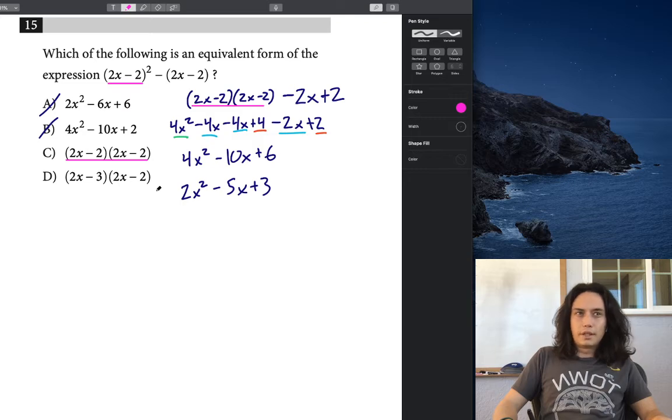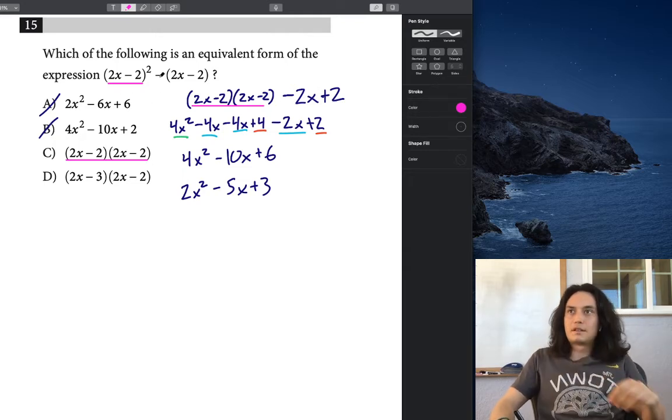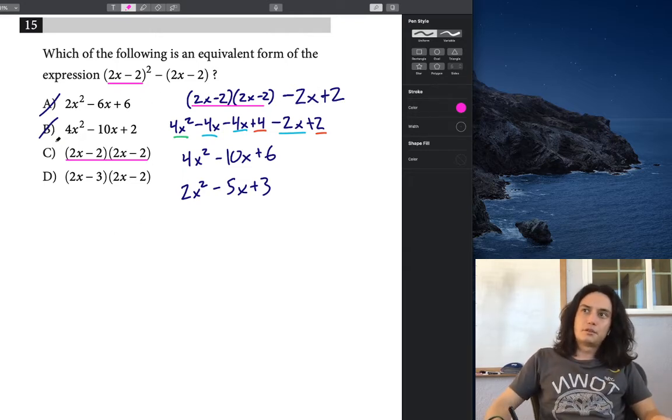So there's just no way that this is the same thing as this thing minus some whole other thing, minus 2x plus 2. That adds a whole another element that makes it not the same. There's no situation where minus 2x plus 2 changes nothing, which by itself makes it wrong.